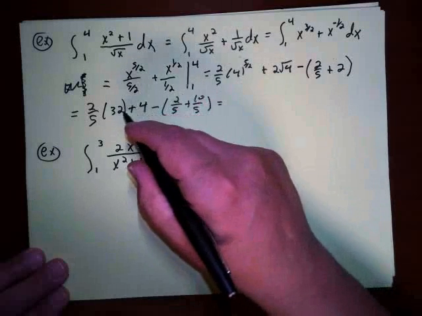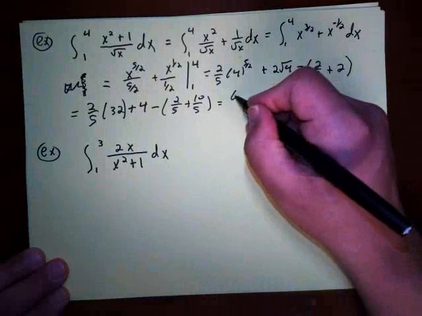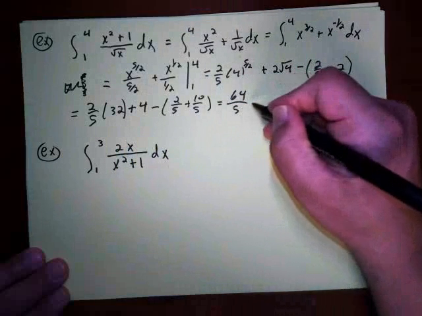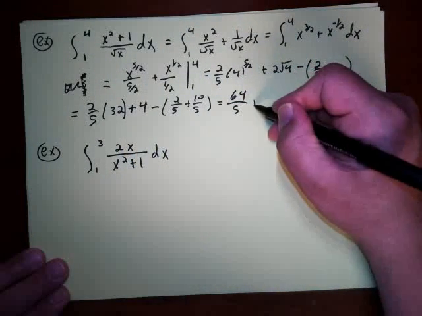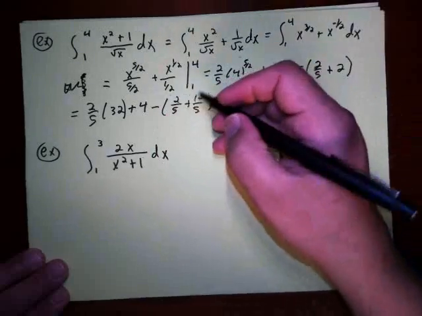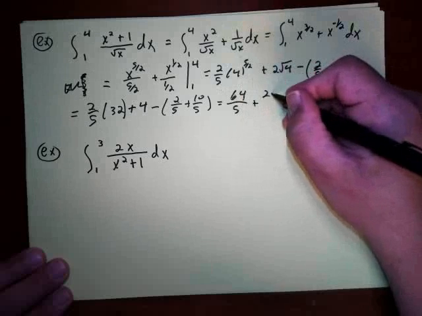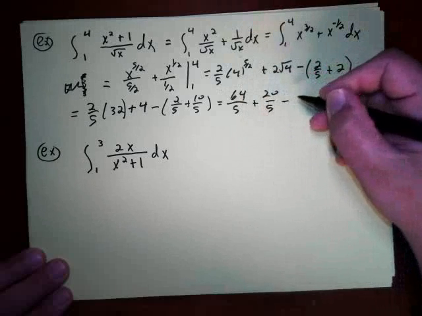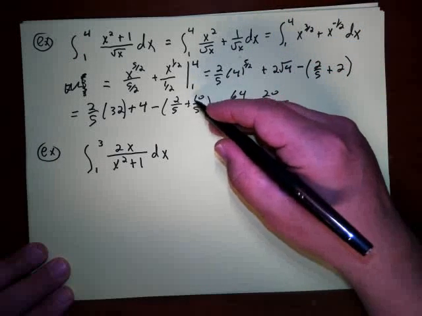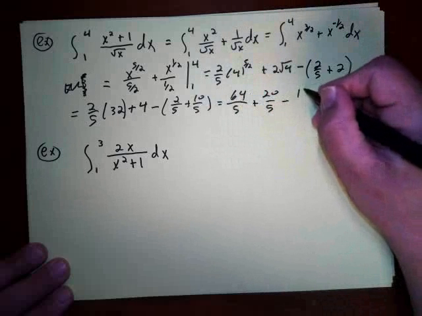And so this would be 64 over 5 plus 4. I'm going to change this to 20 over 5, minus, and this would be 12 over 5.